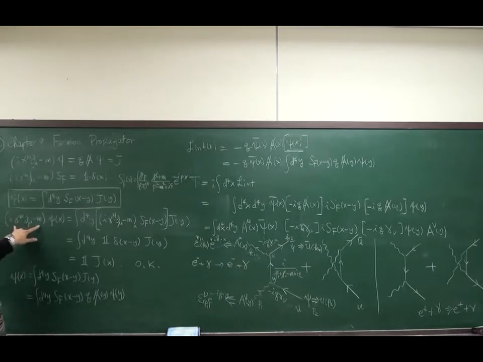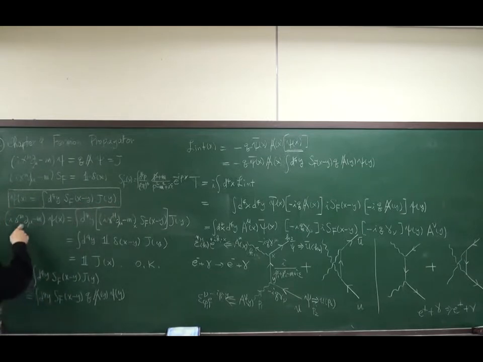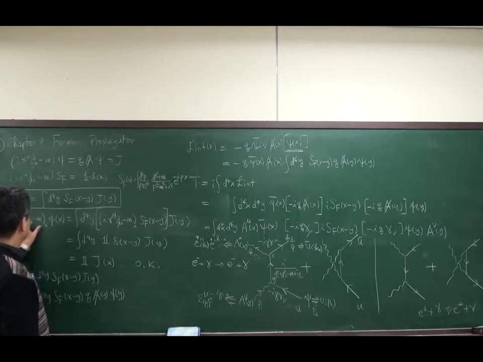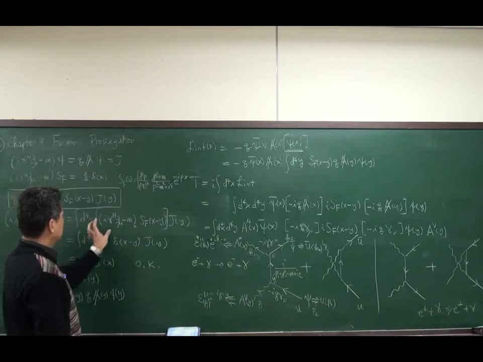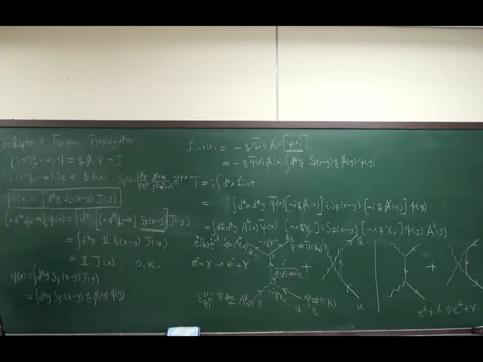This operation is made on psi, then integral over dy, S_F(x minus y) j(y). This derivative acts on the x variable, so this derivative is with respect to x only, and it is independent of y. So the derivative acts on S_F only, okay?